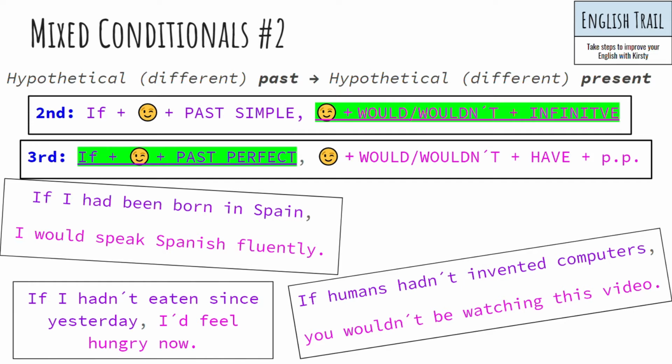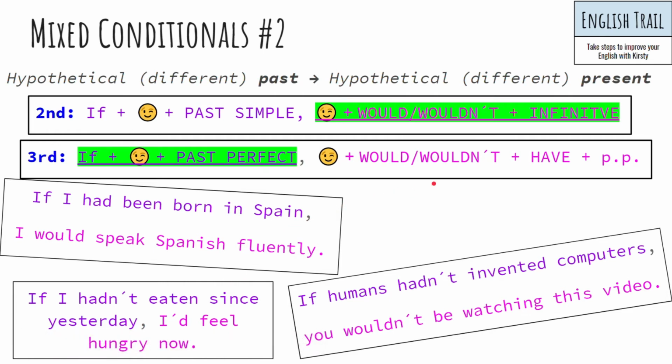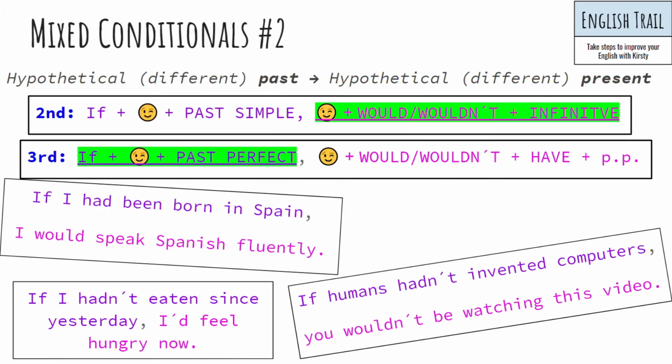Similarly, if I hadn't eaten since yesterday, I'd feel hungry now. Yeah, if I hadn't eaten since yesterday, I'd feel hungry now. The same as with the other conditionals, you can change the order of the pink and purple clauses.